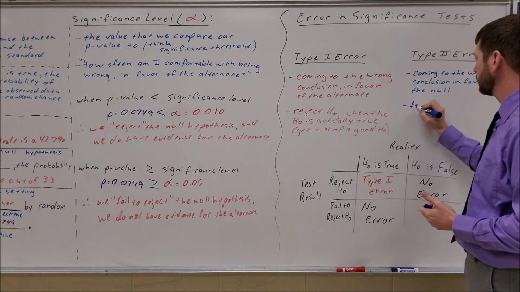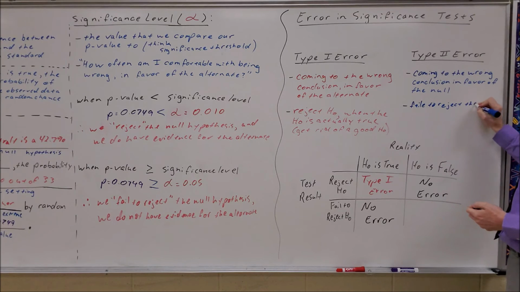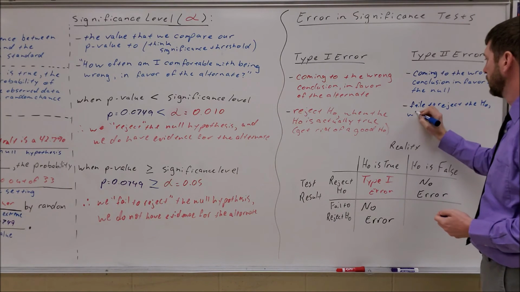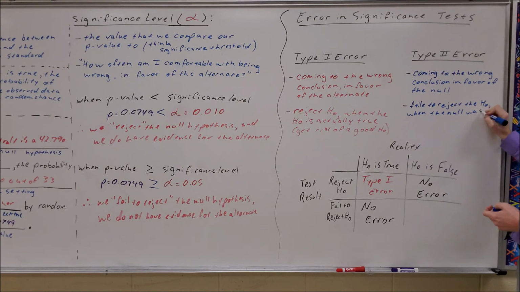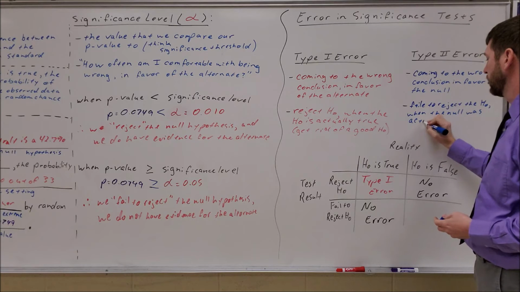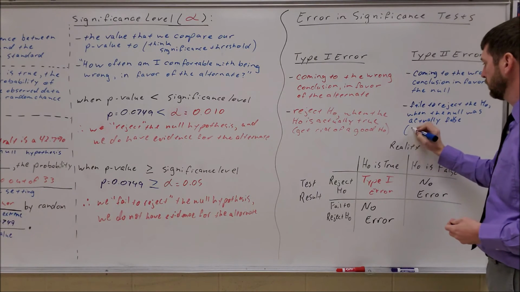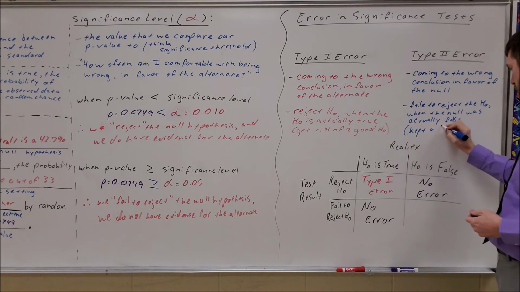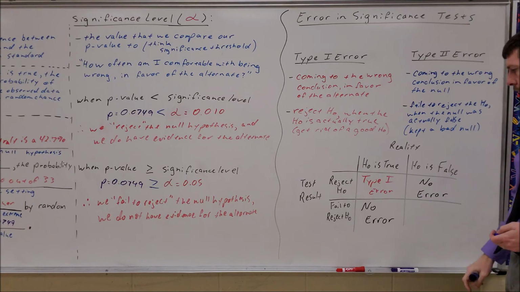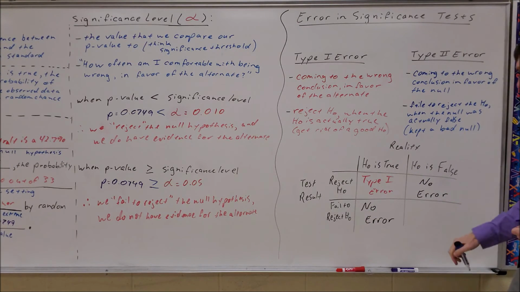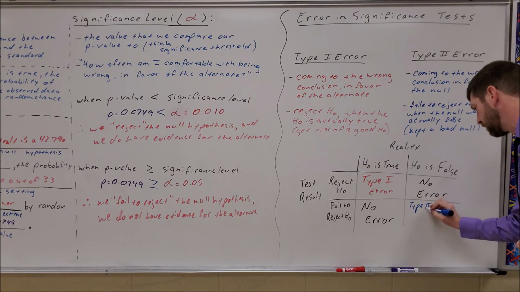So we failed to reject the null when the null was actually false. In other words, we kept a bad null. We failed to reject, but the null was false. That would be an example of type 2 error.